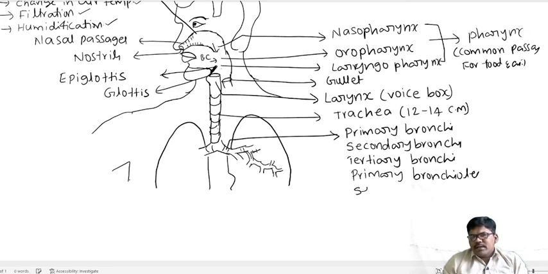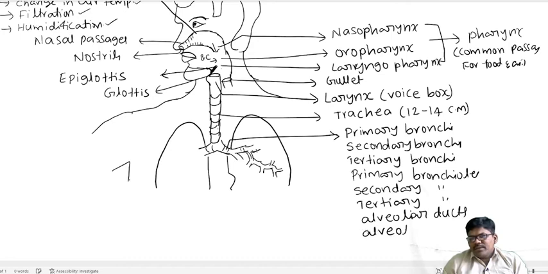Primary bronchioles are again divided and form the secondary bronchioles. Secondary bronchioles again divide and form the tertiary bronchioles. Tertiary bronchioles again divide and form the alveolar ducts. Alveolar ducts open into sac-like structures.